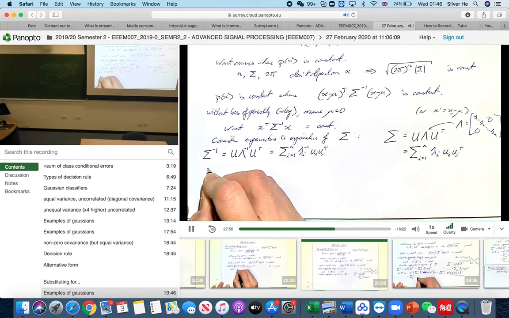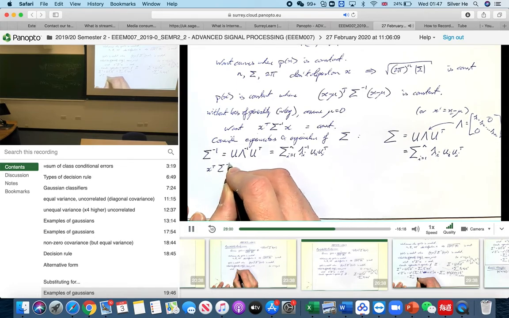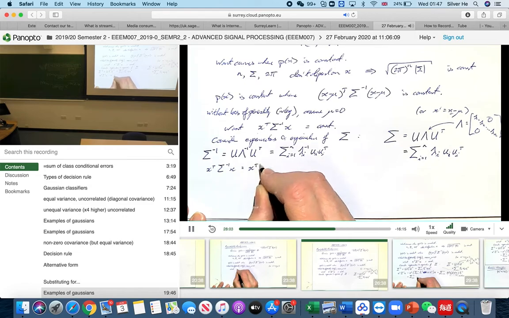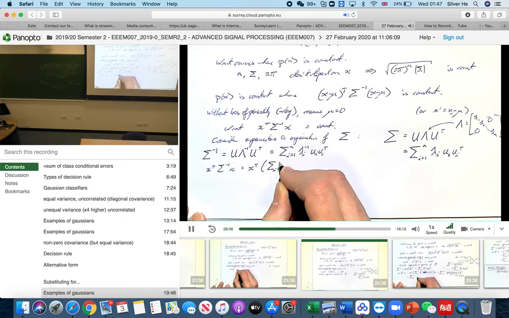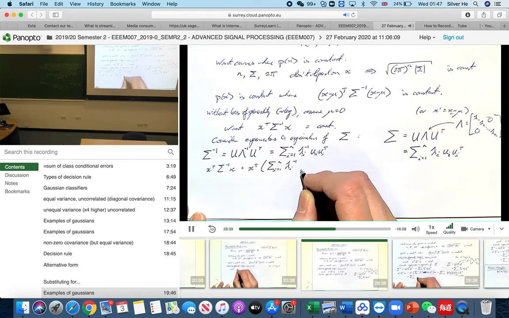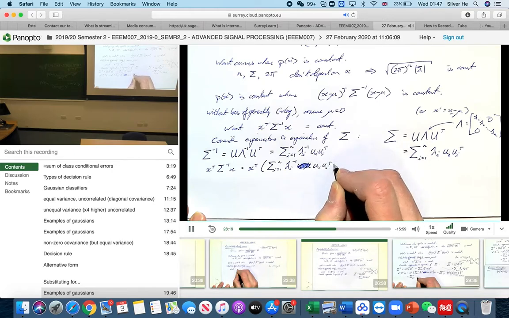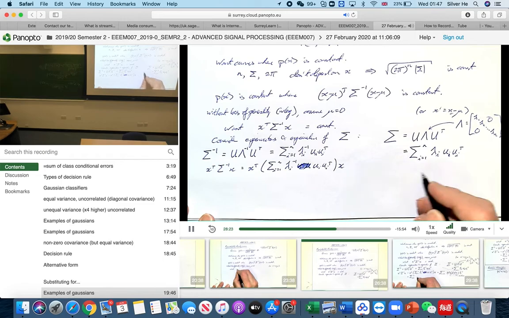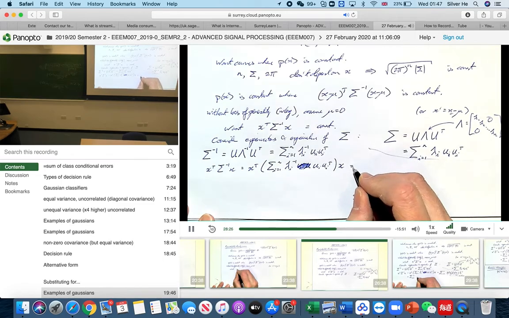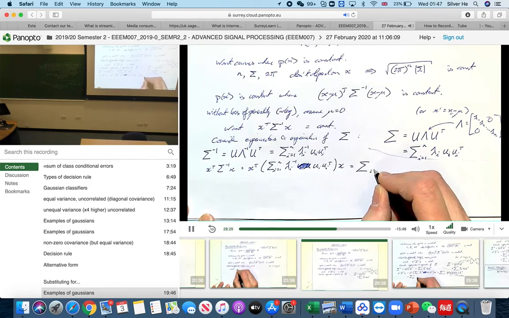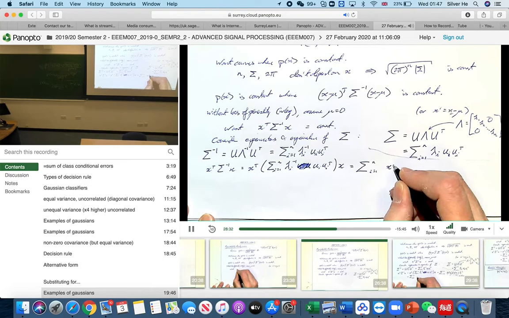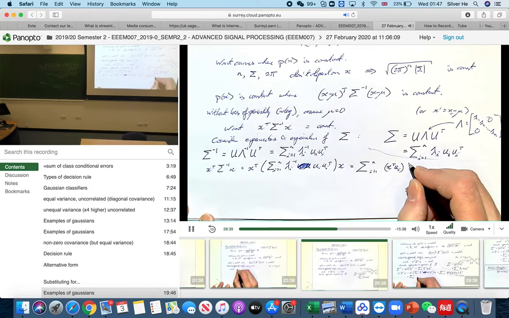So now we can say x transpose sigma to the minus 1 x is equal to x transpose into this sum from i equals 1 to n lambda i to the minus 1 ui, let's not get my u's and mu's mixed up, ui transpose x, which is equal to the sum from i equals 1 to n of x transpose ui transpose x.